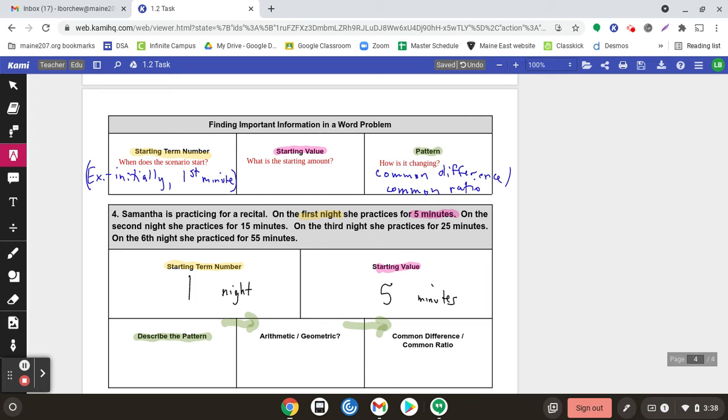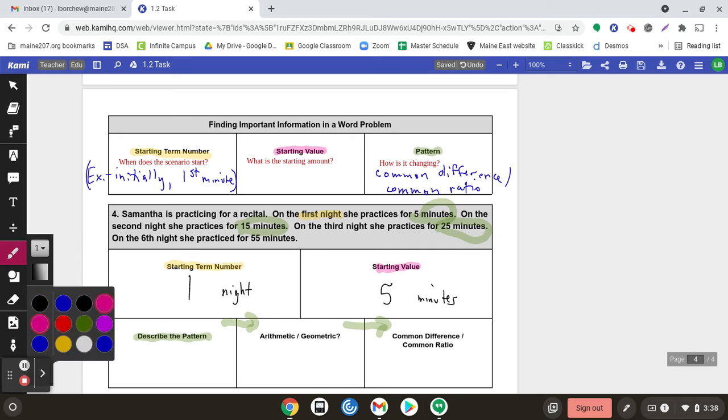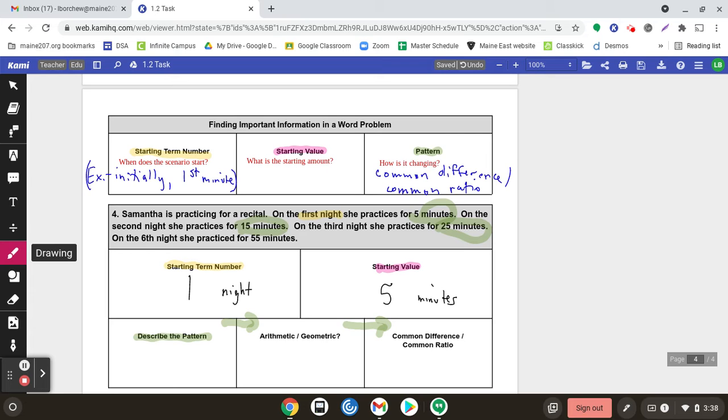Well, she goes from 5 minutes to 15 minutes to 25 minutes. So let's see here. It sounds to me like from 5 to 15 to 25 is a pattern of adding 10.